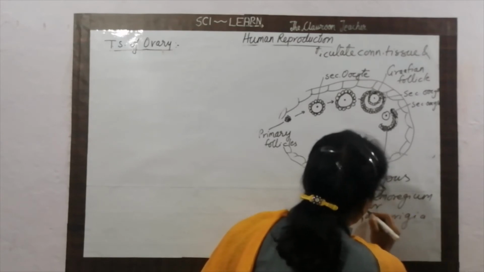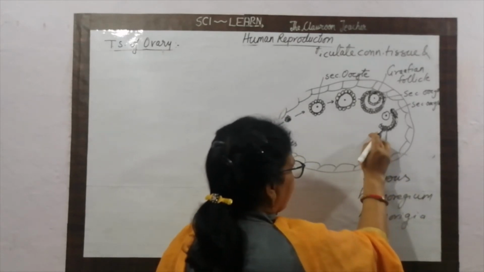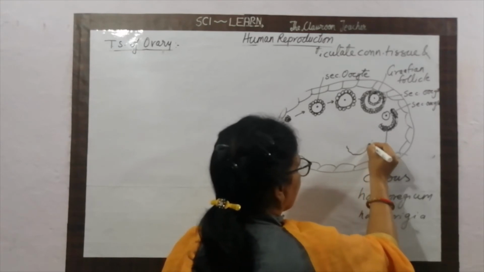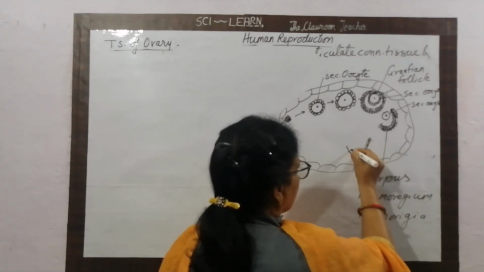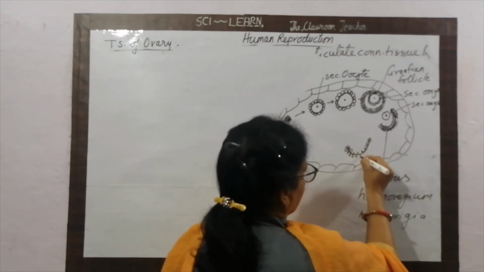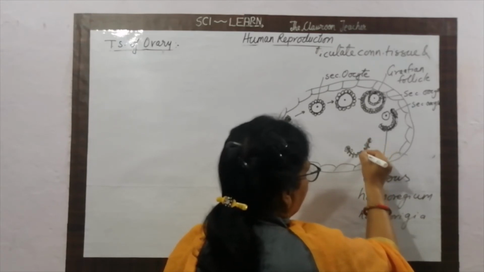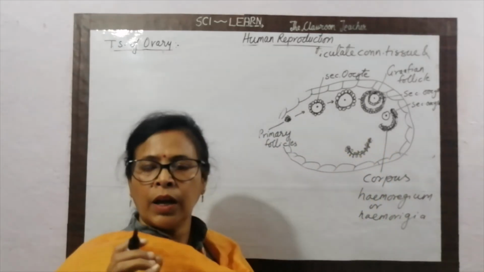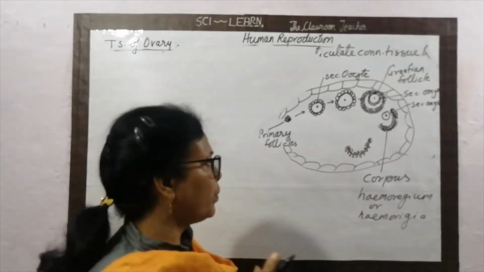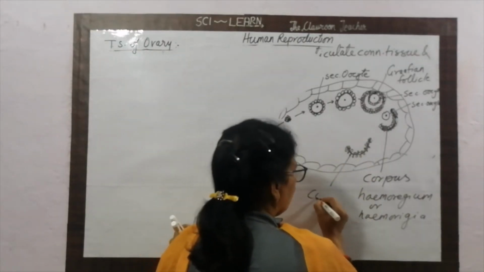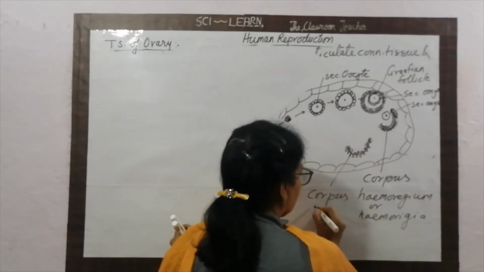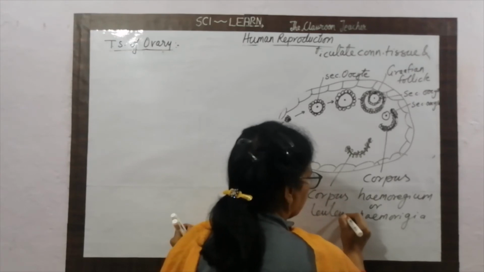Okay. Then what happened? The degenerating process goes on further, and this is called the corpus luteum.